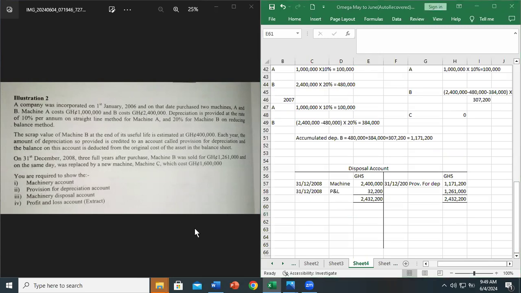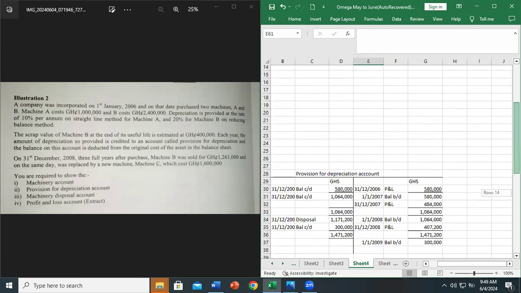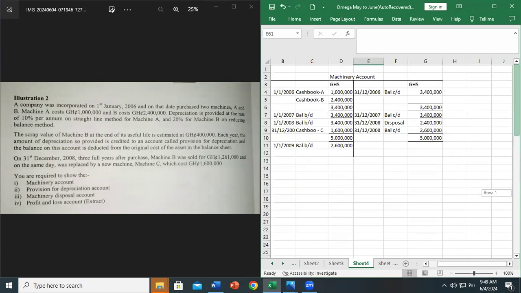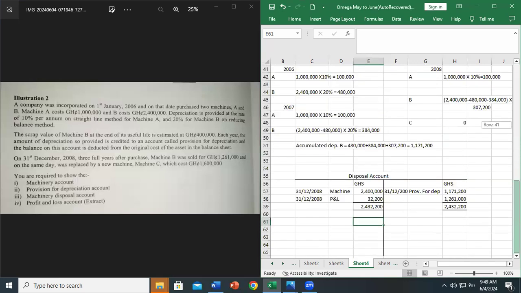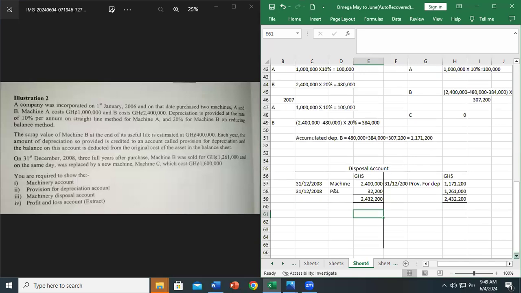I beg you, ask me a question. If not, let's do the profit and loss extract. The profit and loss extract is also very simple. You just go through the three accounts you have prepared and you'll be passing the corresponding entries. But let's do it here.